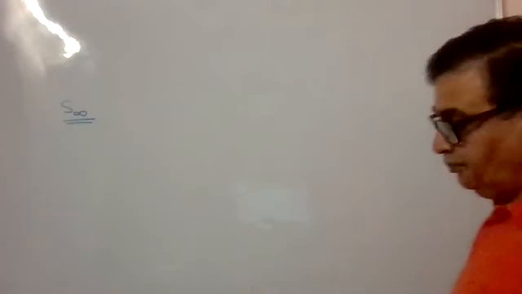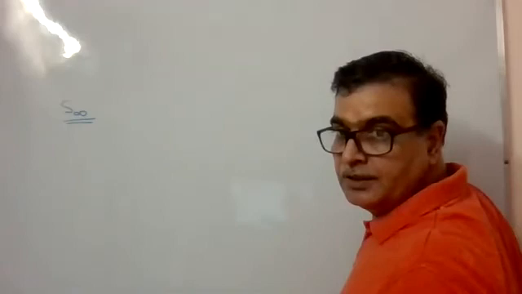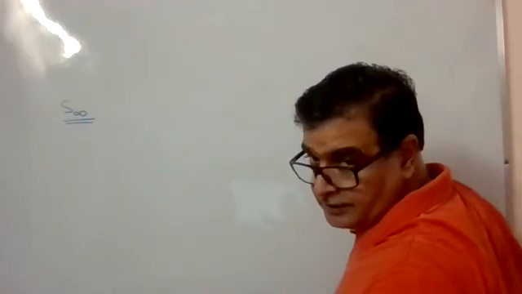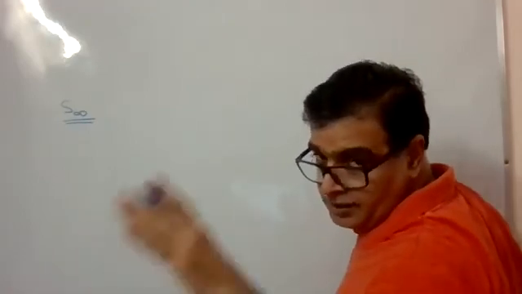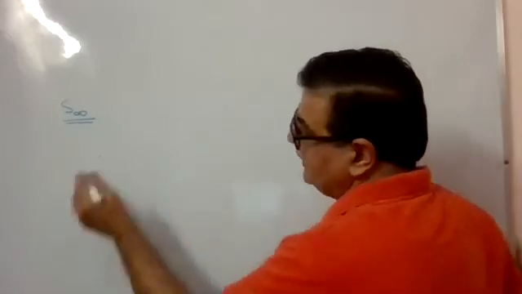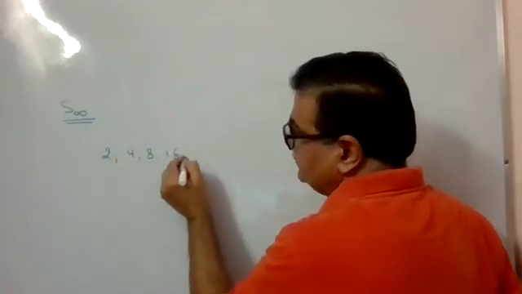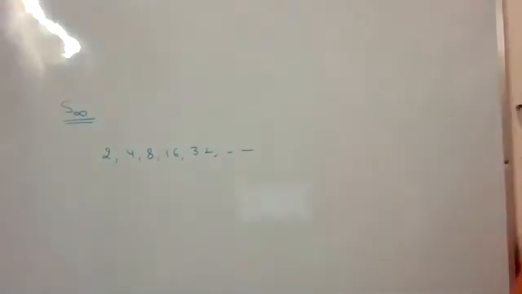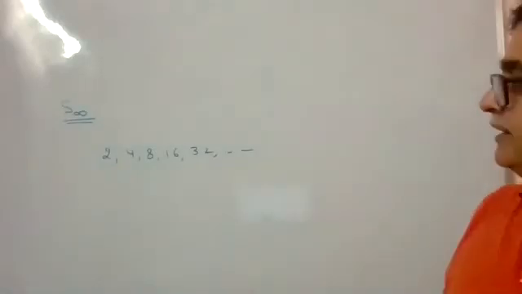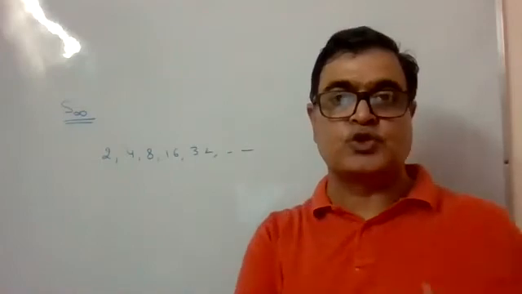Now check please. If you want the sum of infinite terms of GP, first we should decide which series GP gives infinite sum, which is not giving. For example, if I say one GP is there, 2, 4, 8, 16, 32, 64, so on.